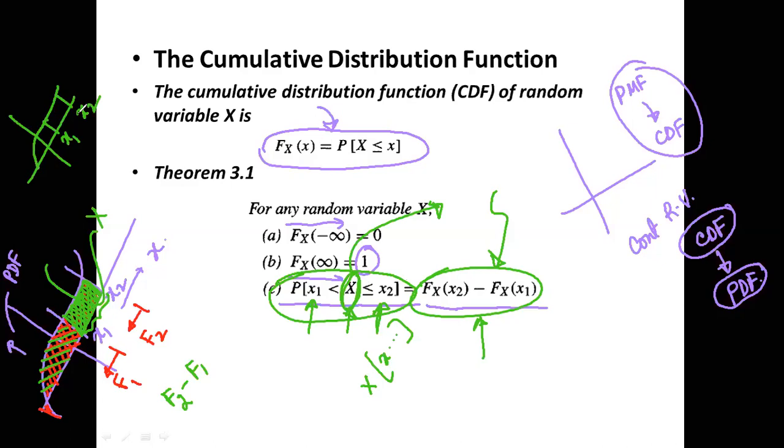Now look at the CDF definition. The CDF is the area of probability which is less than or equal to x. It means from minus infinity to x, isn't it? Yes, sir.